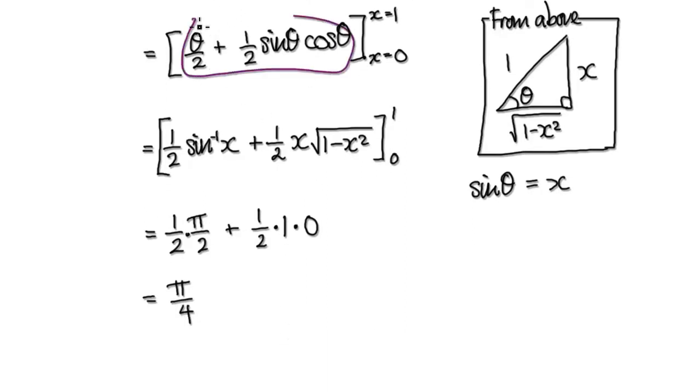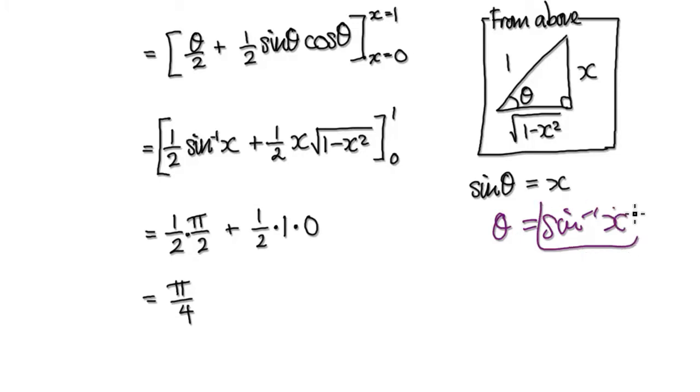Now the whole answer is in terms of theta, but we don't want the answer in terms of theta. We want it in terms of x. So going back to the diagram from above, we want to extract theta. Well, if you look at this, sine theta equals x. So theta equals inverse sine of x. So we can put this into here.